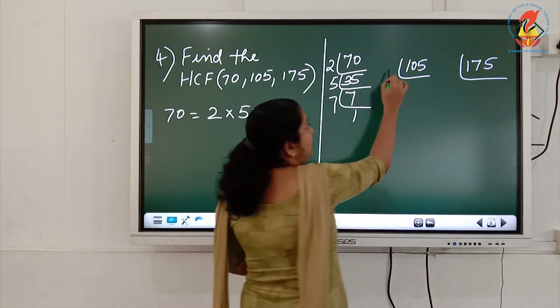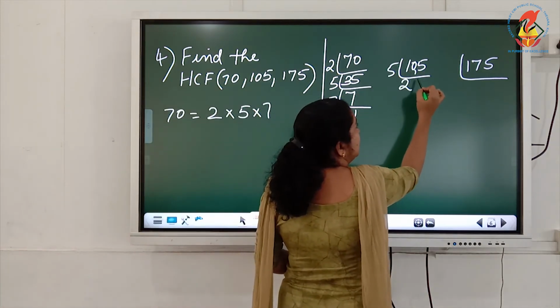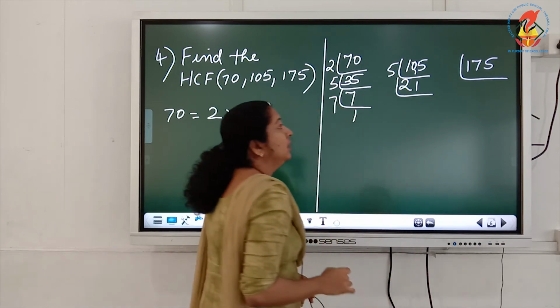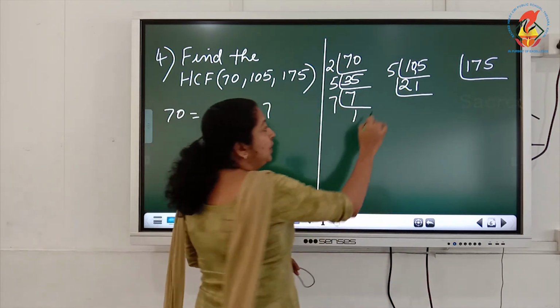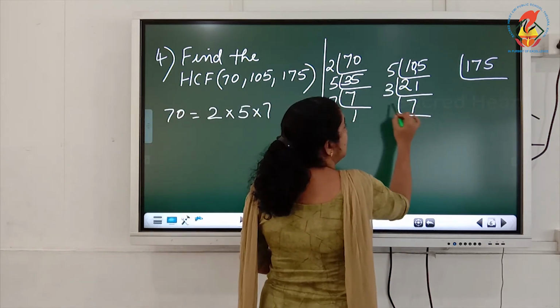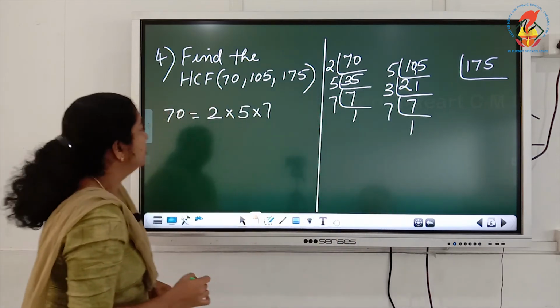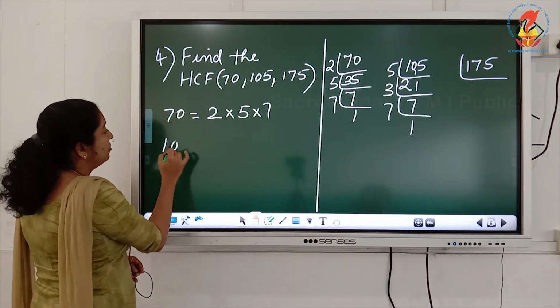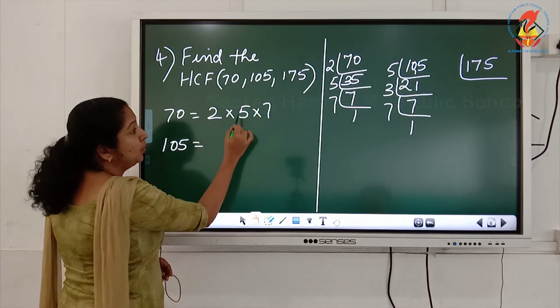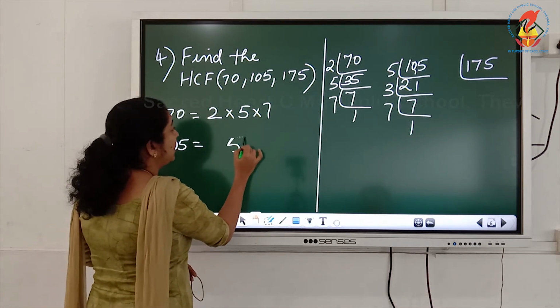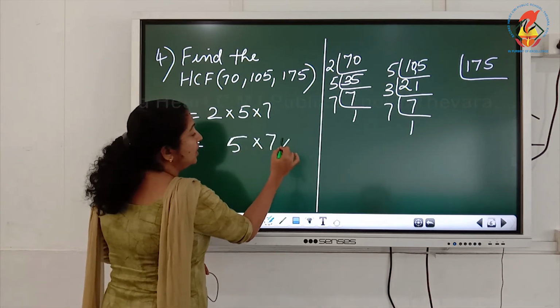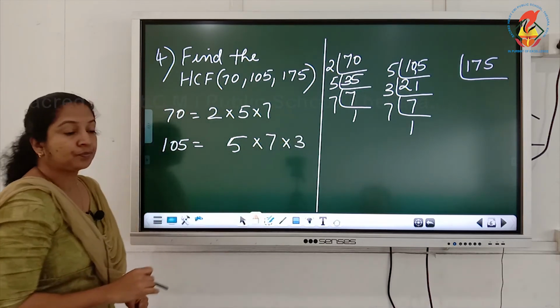Then 105 we can take 5, 5 2s are 10, 5 1s are 5. Then 3, 7 3s are 21, 7, 1. So we can write 105 is equal to, no 2, yes 1 5 is there. So 5 into 7 is there and 1 3 another group.